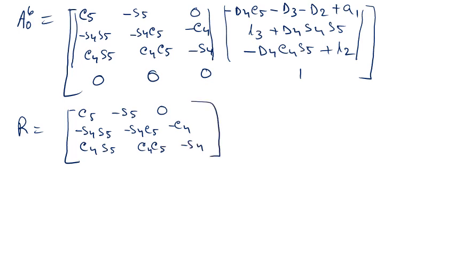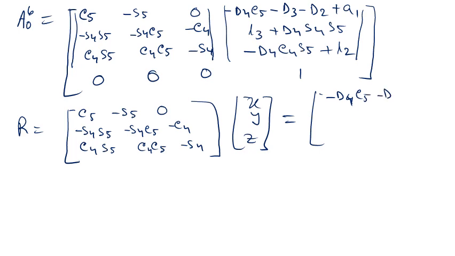And the position vector, X, Y, and Z, is equal to minus D4, C5, minus D3, minus D2 plus A1, then L3 plus D4, S4, S5, minus D4, C4, S5 plus L2.